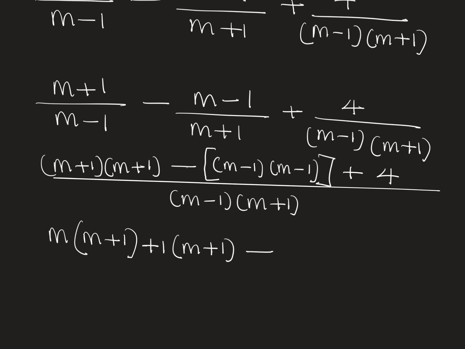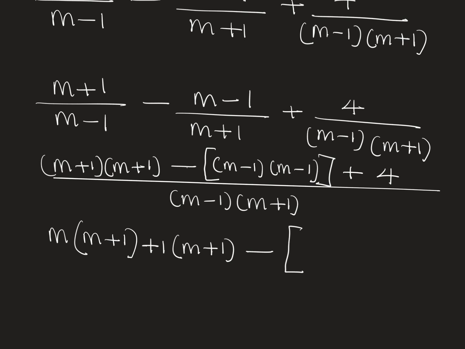Then minus. Coming to this part again, I will take this m, multiply by everything in the second bracket, then this negative 1, multiply by everything in the second bracket. But because we have a negative outside here, we have to be very careful, okay? So that is why I am maintaining this bracket here.